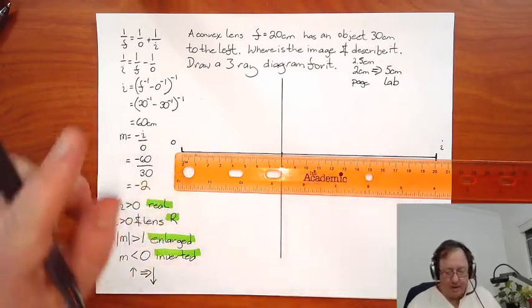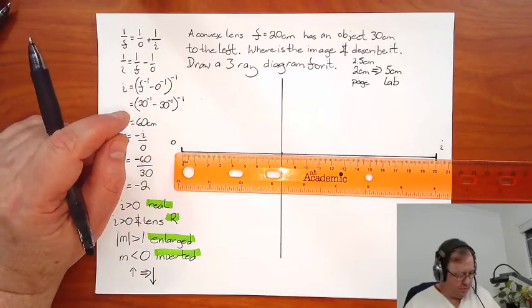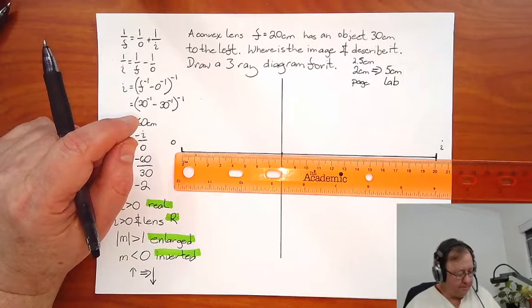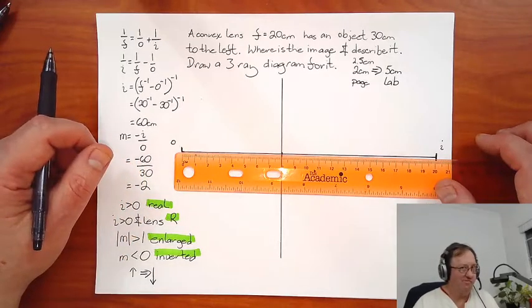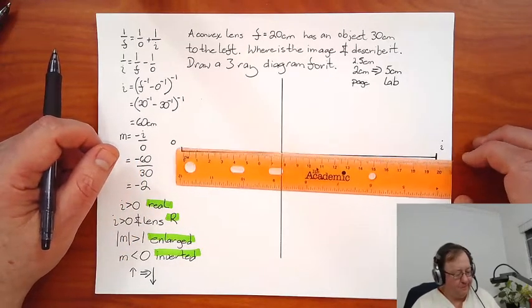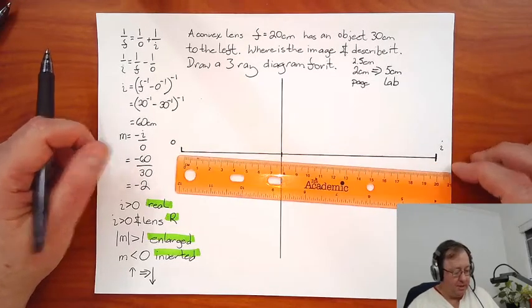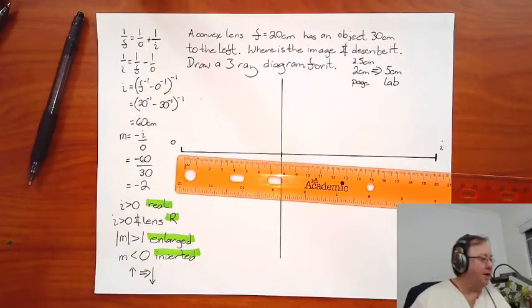Focal length is 20. Or actually, I already screwed it up. I'm going to edit and post. So let's make this simple. I need to fix stuff.